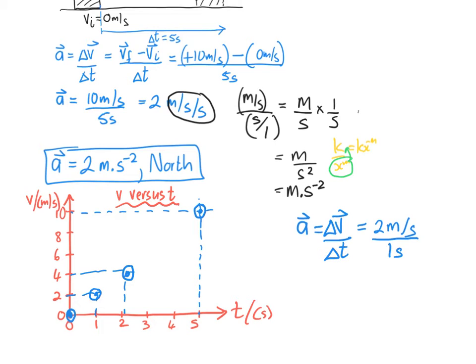And in the next second, the velocity of the object would have increased by another 2 meters per second to 6 meters per second. And in the next second, from 3 to 4 seconds, the velocity would have increased from 6 to 8 meters per second.